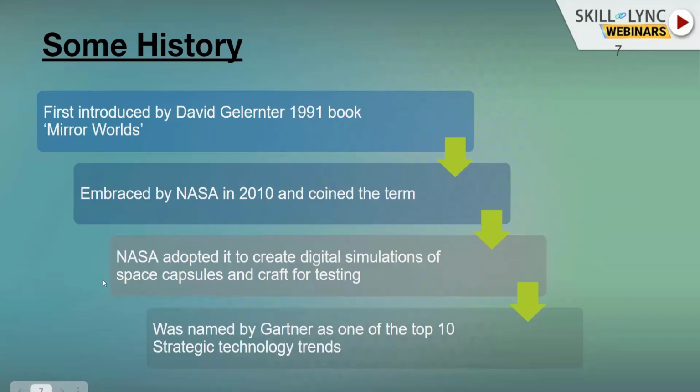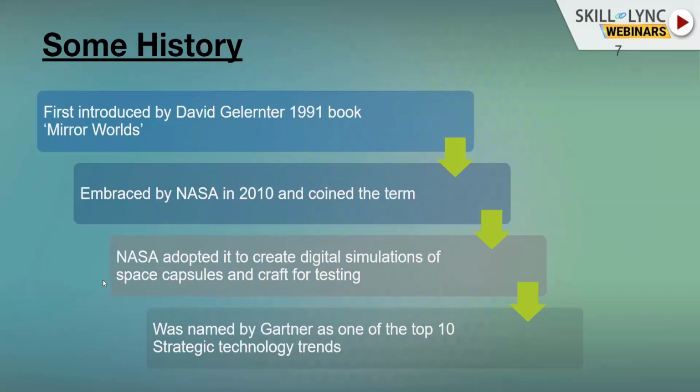It was embraced by NASA in 2010, and the coining of the term also happened at that point in time. So you can see that in 2010, which means it's just 11 years behind, right? That is the progress that has happened in this industry.